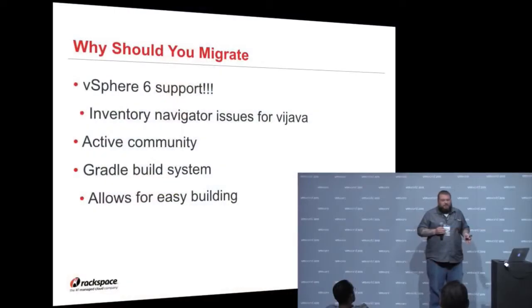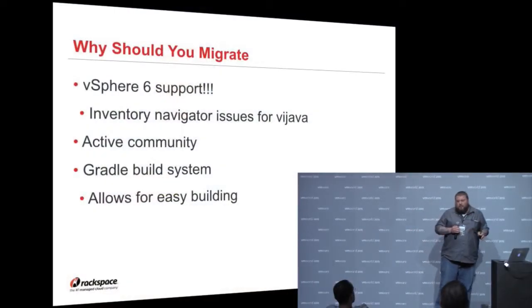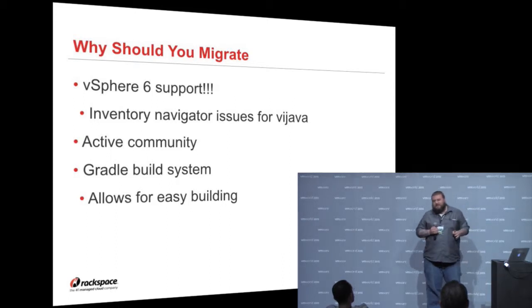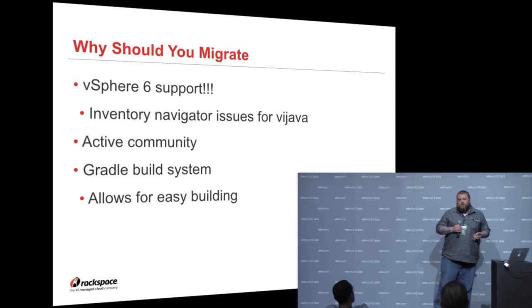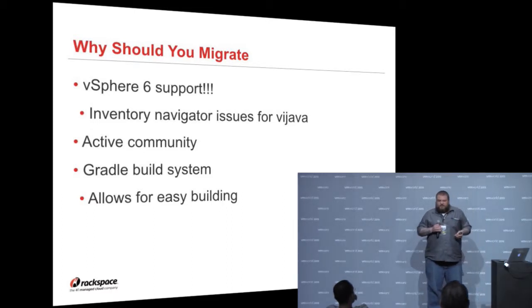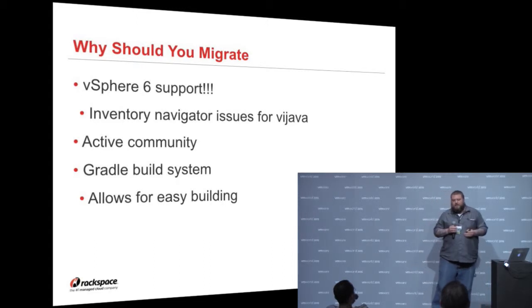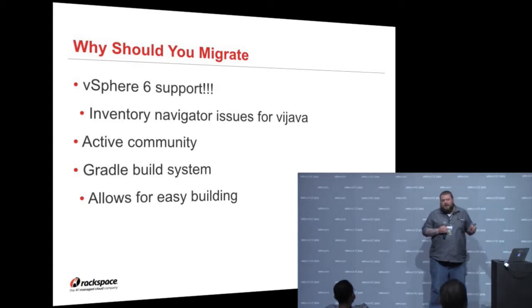So why should you migrate your project from VIJAVA to YAVIJAVA? I would have to say the number one reason right now is vSphere 6 support. If you're using VIJAVA and you want vSphere 6 support, it sort of works-ish. What that means is there's backwards compatibility in the vSphere API.